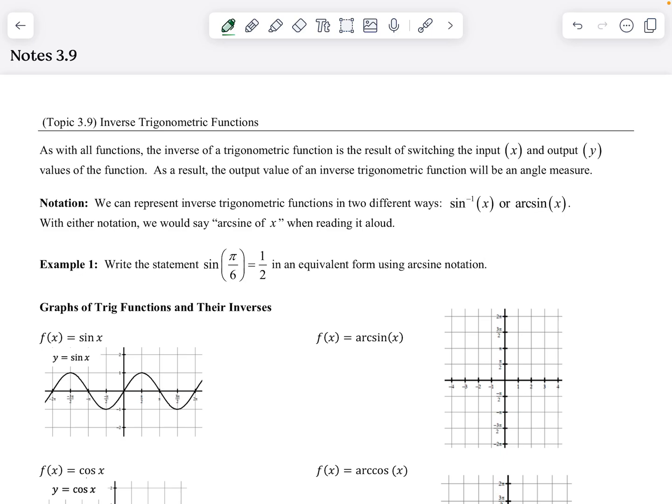Now, a couple things. You probably saw these last year with the inverse symbol. It's also called the arcsine, so you can read those the same.